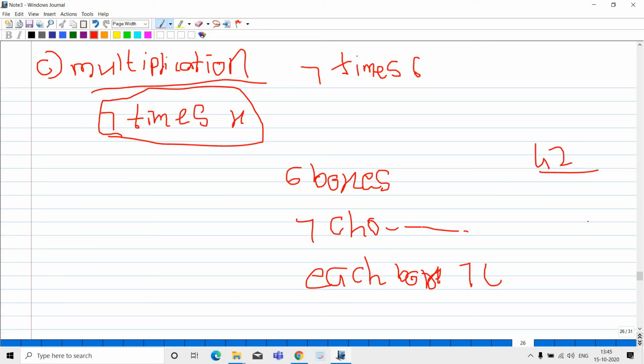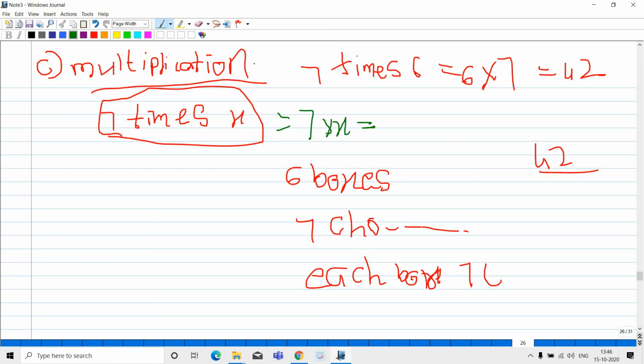Each box has 7 chocolates, so if we add 7 chocolates 6 times, we get 42. Before that we will do 6 into 7, which is 42. Like that, 7 times x means we should multiply 7 into x.